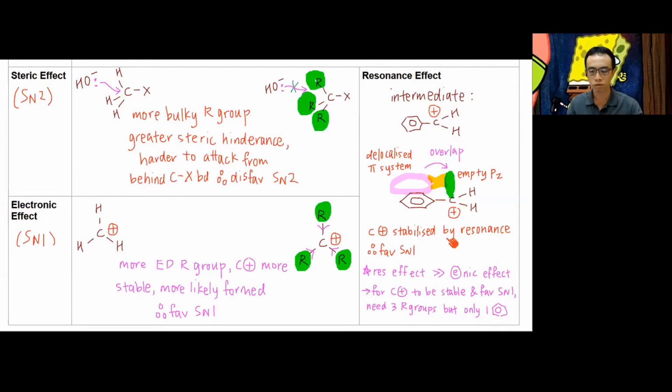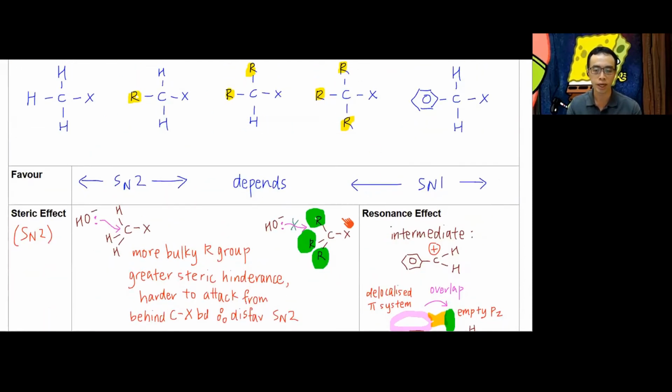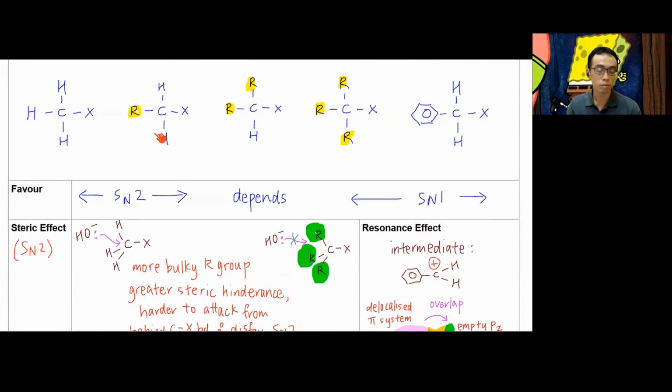I think in terms of appreciation, we want to understand that resonance effect in terms of the stabilizing effect is a lot more significant as compared to the electronic effect, normal donating withdrawing groups. Because if I compare what we have here involving this particular trend, if I want to decide whether a normal halide, whether this is a primary, secondary, or tertiary halide, whether it favors SN1 or SN2, if it is a primary halide, if it is only attached to one R group, actually it will favor SN2 mechanism.